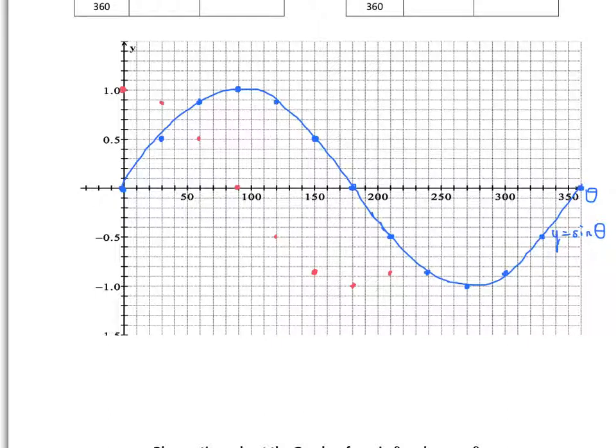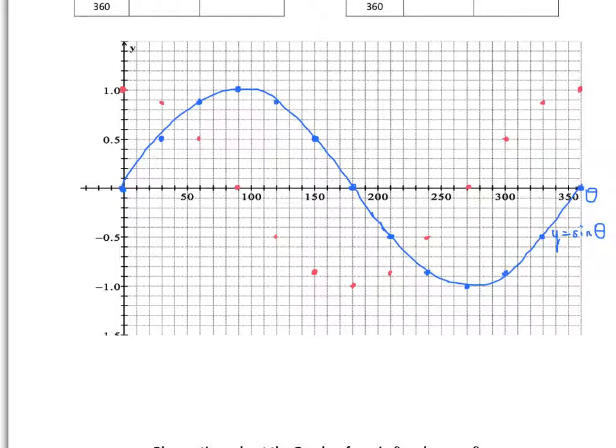Cos 240, negative 1/2. Cos 270 is 0. Cos 300 is 1/2. Cos 330 is 0.87. And cos 360 is 1.